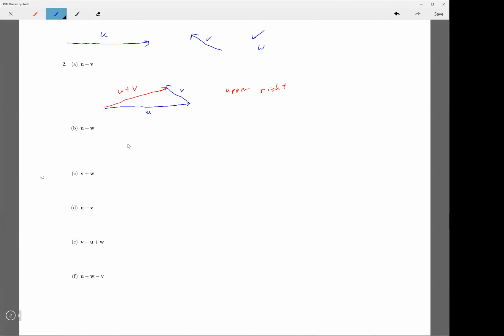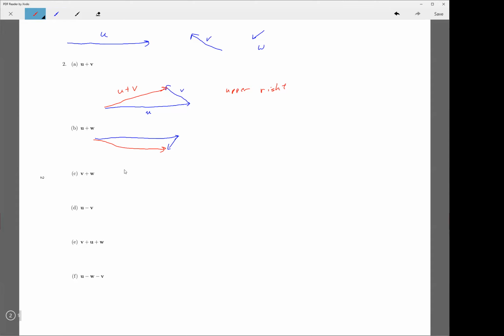So U is coming out like that, and then you tack W on the end of it like that, and so the result's going to be over here, so that's bottom right, right? Is that what you said?